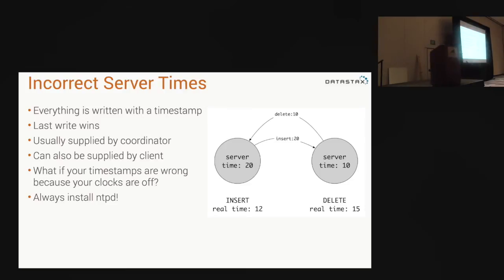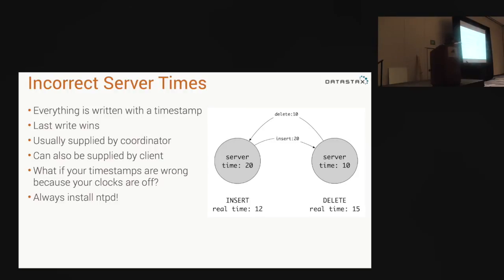That gets replicated to the other server, and it carries with it that first timestamp of 20. Now the other server is actually 5 seconds behind. At clock time 15, 3 seconds later in the future, we issue a delete to delete that data. That delete, because it's been issued to the second server, carries a timestamp of 10 because it's behind. So that data won't get deleted.